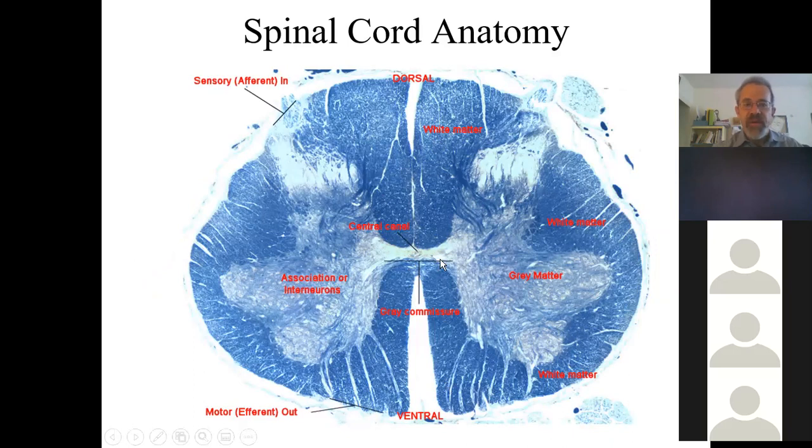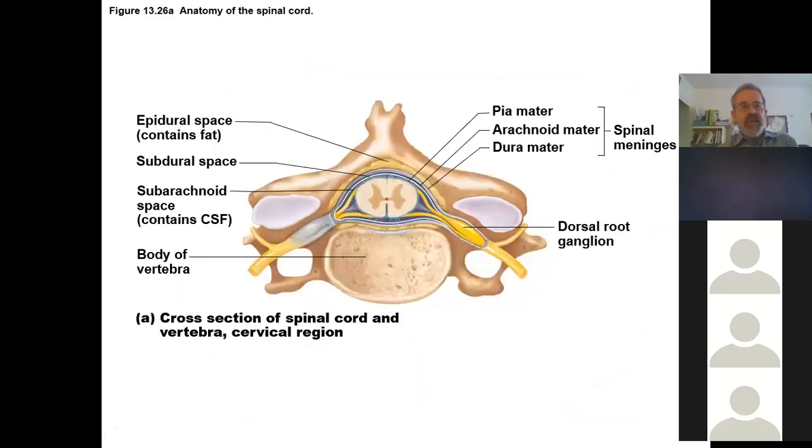So you can see that very interesting little butterfly or bow tie type of appearance. Sensory nerves come in here on the dorsal side. Motor nerves leave here from the ventral side. So it's a very distinct, very repetitive mapping.